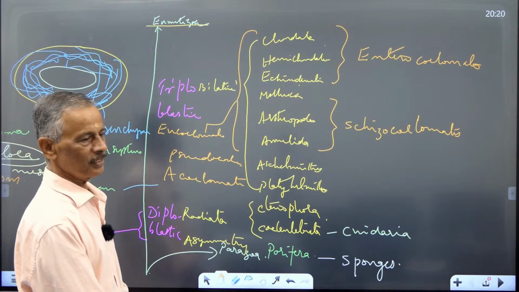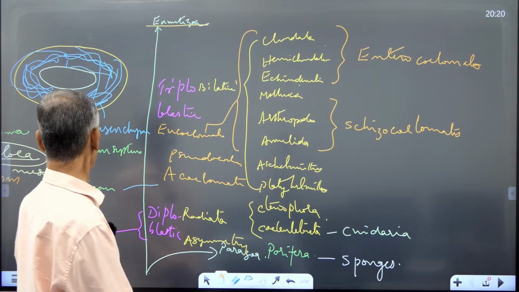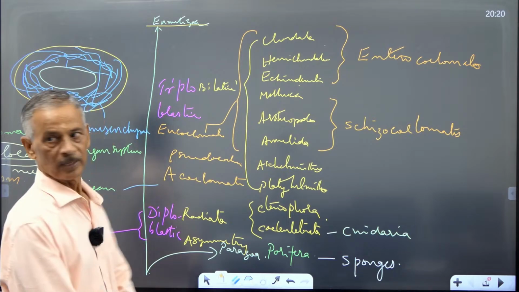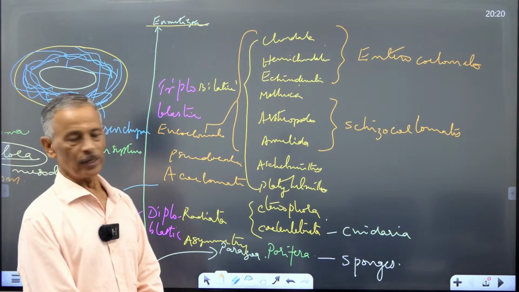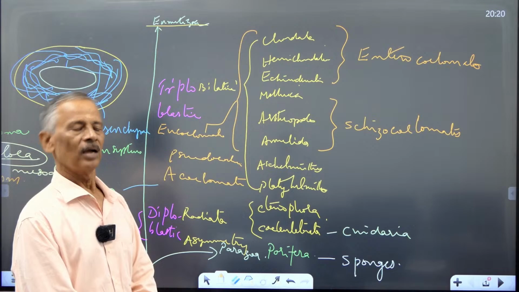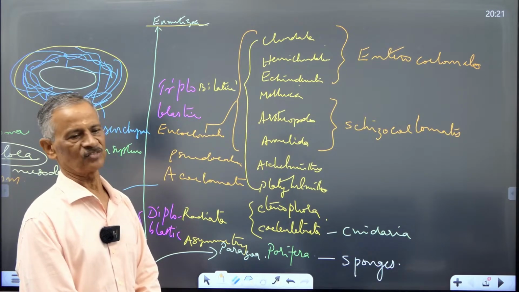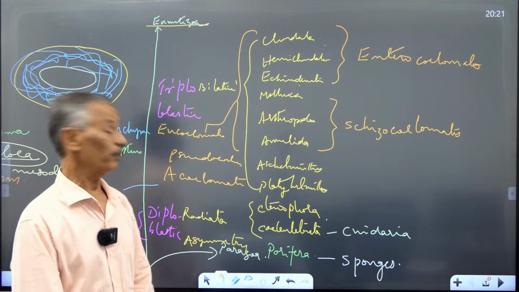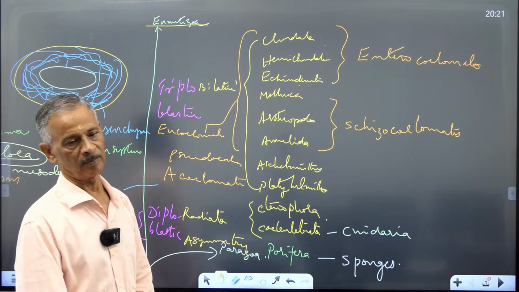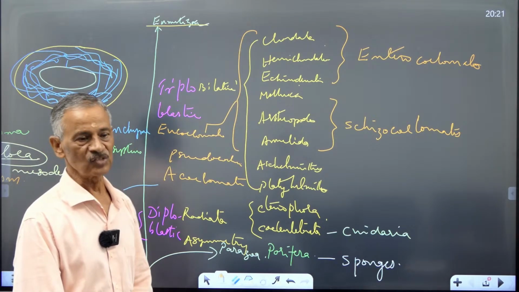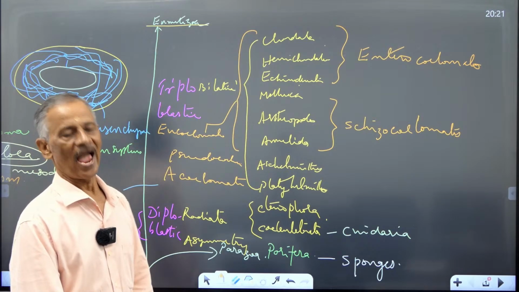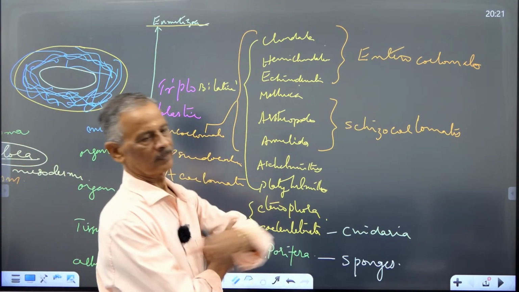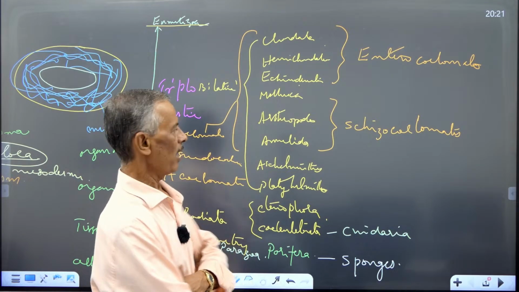And their body is divided into a number of segments. These segments are called metameres. Since the body is divided into a number of identical segments called metameres, they are said to show metamerism. Segments are like rings, so they are called Annelida.